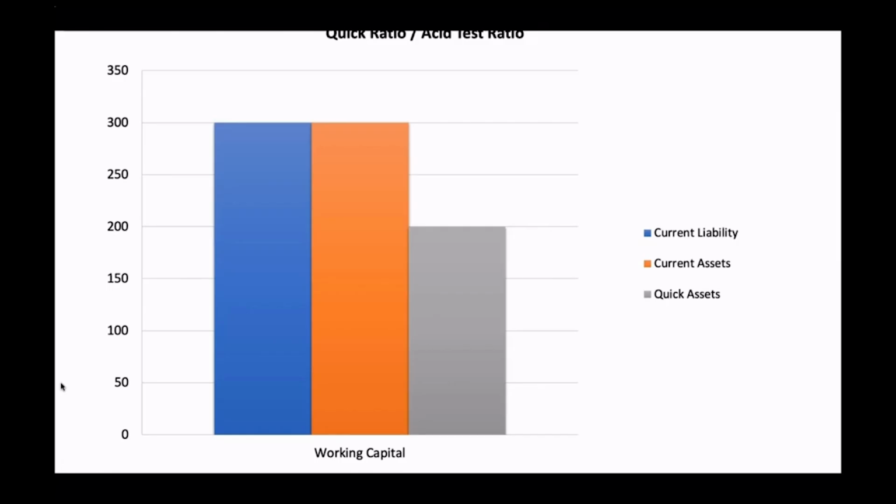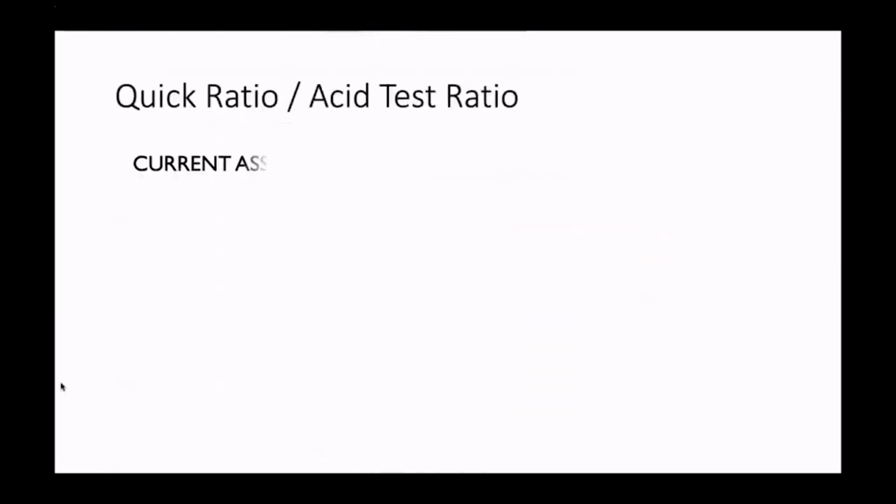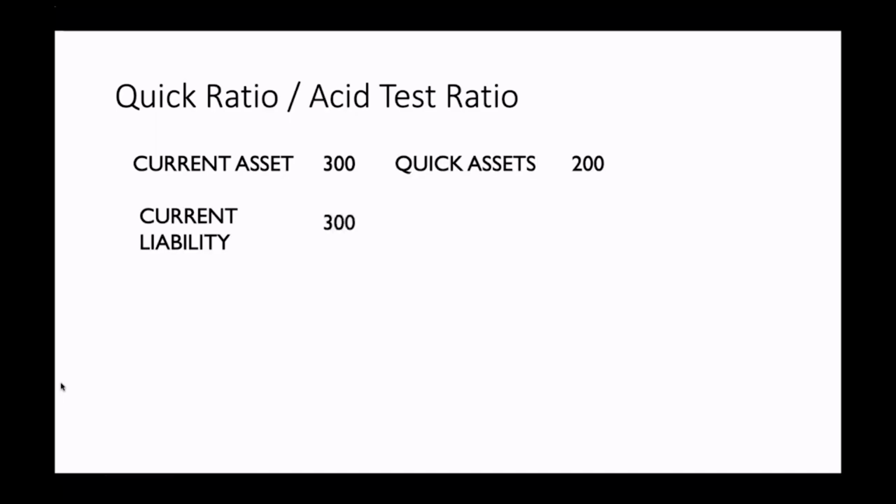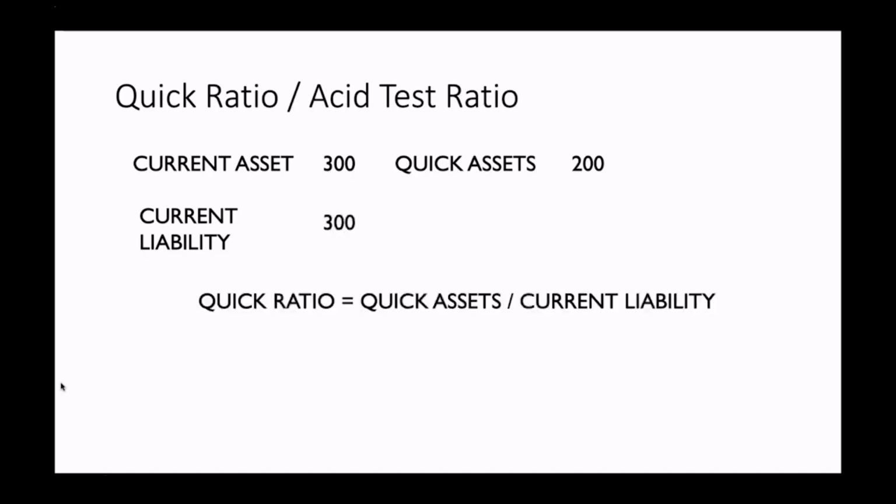That's why we calculate the quick ratio, or the acid test ratio. Here we know current assets are 300, but quick assets are only 200, and we have to compare that with the current liability. So quick assets by current liability will give us the quick ratio. In some balance sheets, on the asset side, you will also have an item called prepaid expenses.